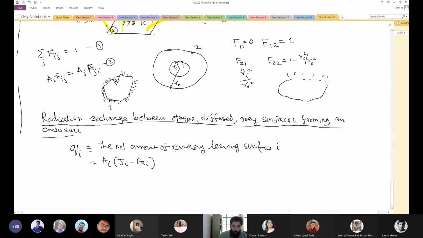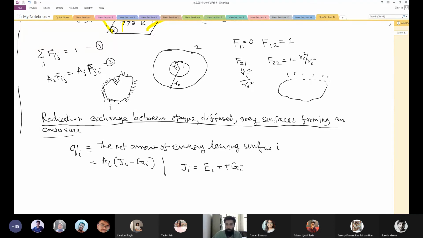So we try to get rid of Gi from this equation, in terms of Ji at least. We can write Ji equals Ei plus rho Gi. So Ji and Gi are not completely independent. The definition of Ji says it's the emission from the surface plus the reflected portion of the incident radiation.